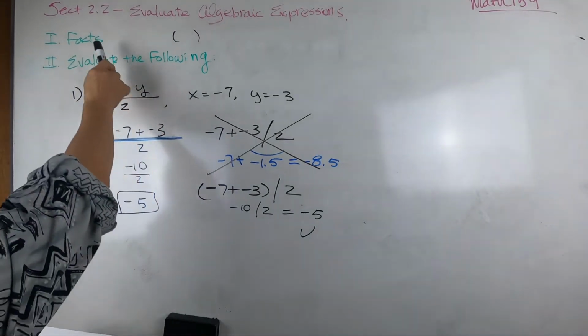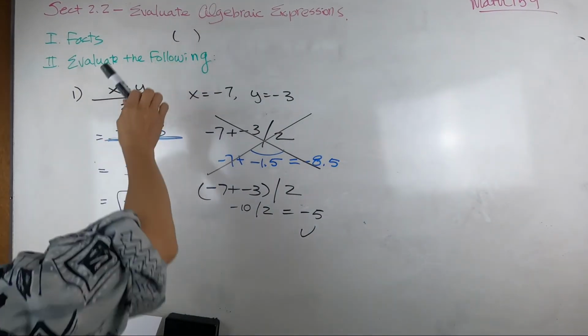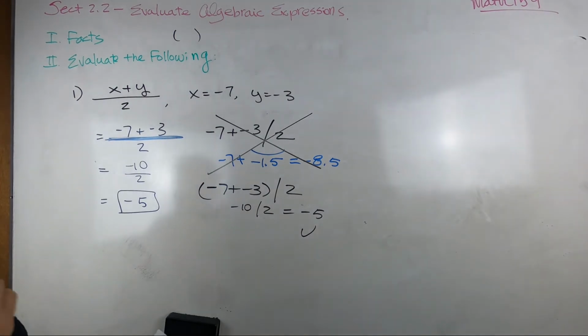So let's go back to the facts about parentheses. Let's read through, because it's important. For hidden parentheses, you may think that since you always have a calculator or computer at hand, you don't need to worry about order of operations.